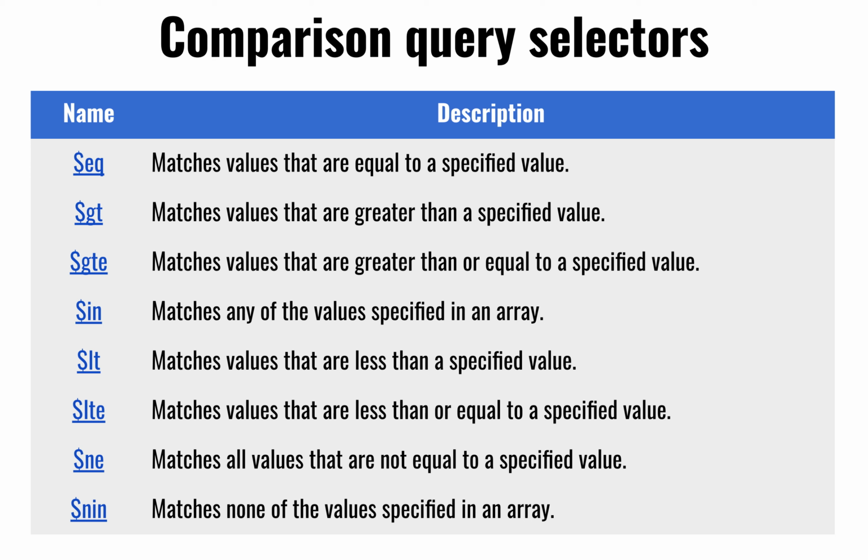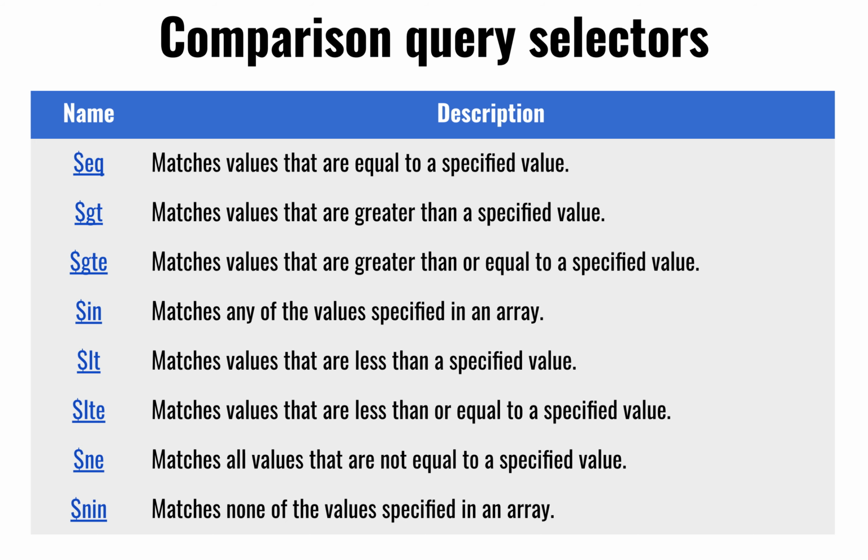Here's just a couple of other comparison operators that you might want to look at. There's equals, not, greater than or equal, in. So if you have an array, it will iterate over that array, comparing the original value against all the values in that array, and if it's in that array, that document will be selected. There's less than and less than or equal. We have not equal and not in.